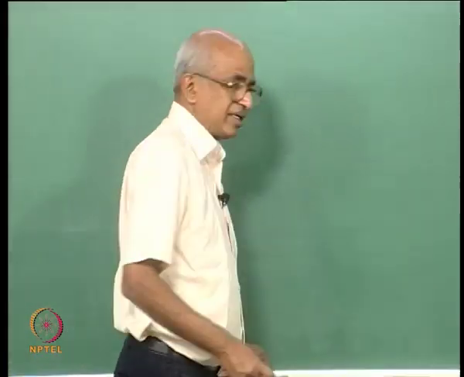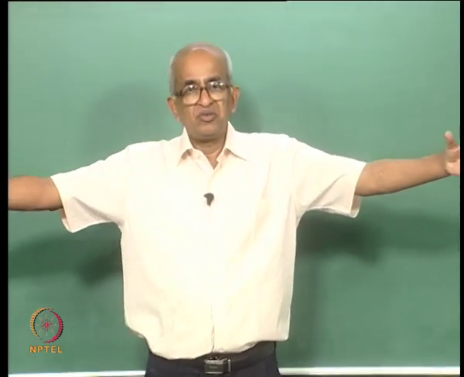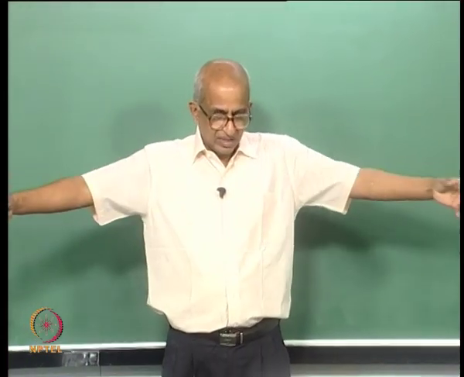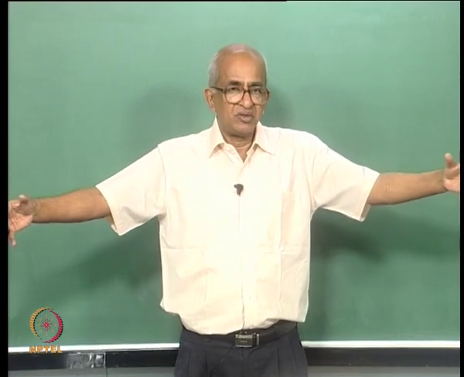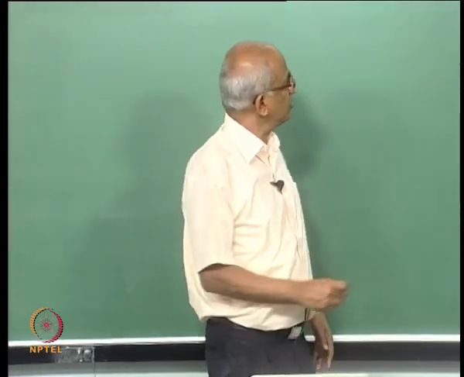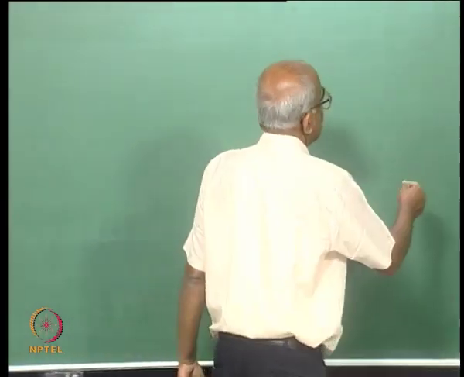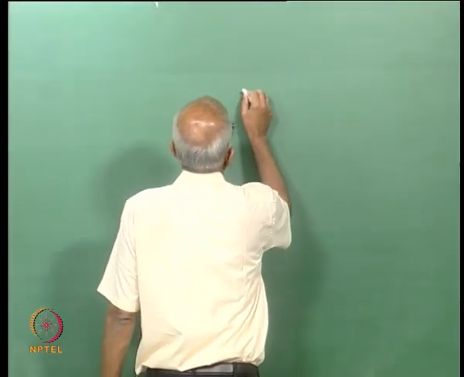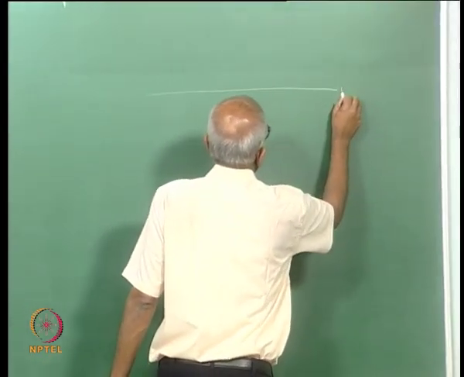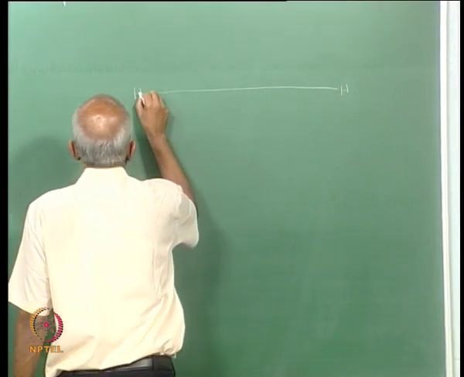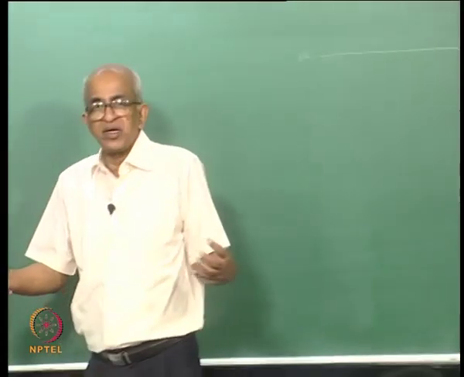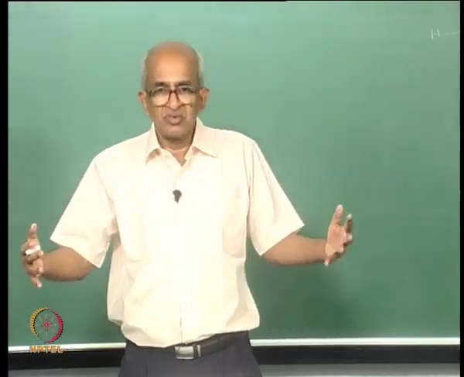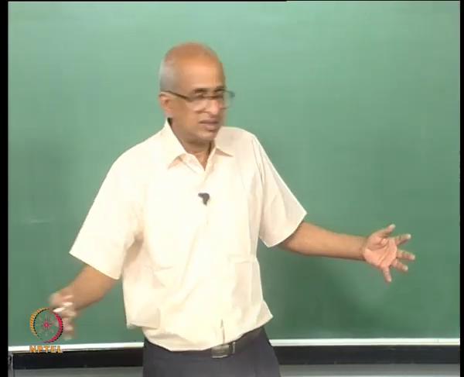So, let us imagine that I start with the molecule such that the distance between the two atoms is very large. If the distance is very large, what would I expect? I would expect that there are two separate hydrogen atoms.